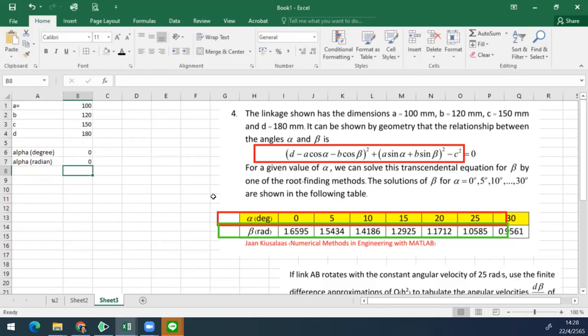In Excel, we also have the function RADIANS that you may type to convert the angle in degrees to radians, and it should give the same result.